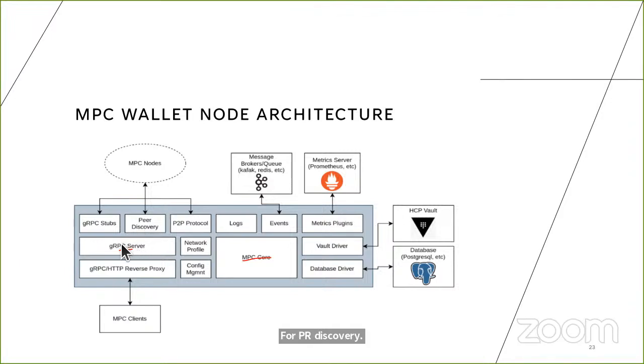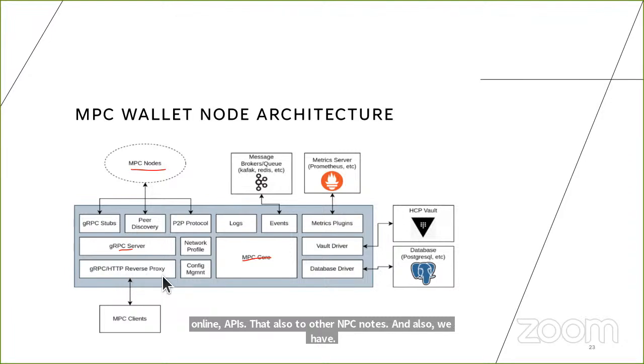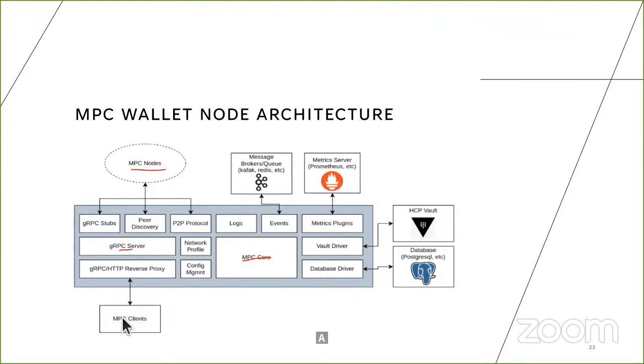And on top of the gRPC server, we have gRPC stubs. They are like APIs that are served to other MPC nodes. And also we have a gRPC HTTP reverse proxy that is used for interacting with MPC clients.